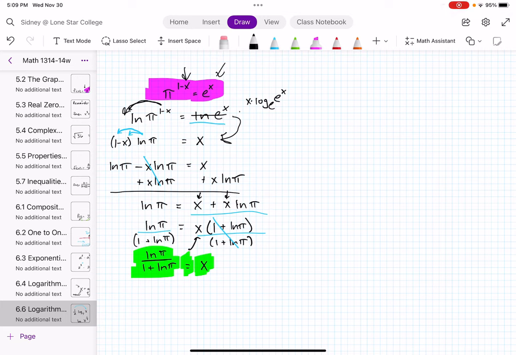But to get to that x, I had to distribute into that parentheses, and so I did. That allowed me to move this term over to the right-hand side. You can see that right here. And once I had them both together, I took out the greatest common factor of x, and then I was able to divide away that ugly piece left over. And in the end, I have x equals the natural log of pi over 1 plus the natural log of pi.